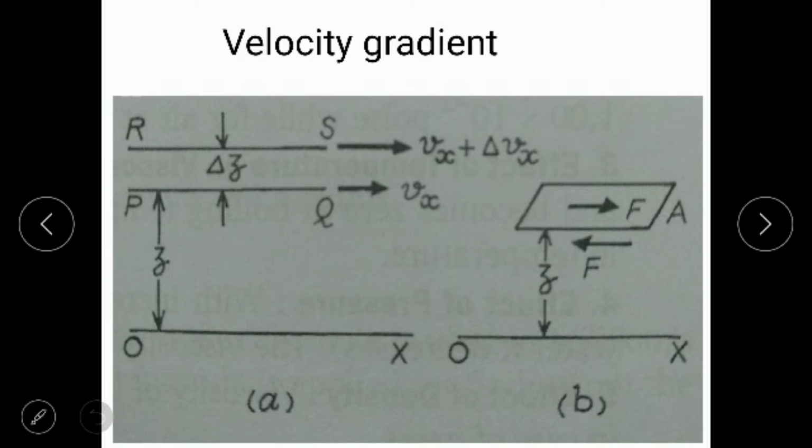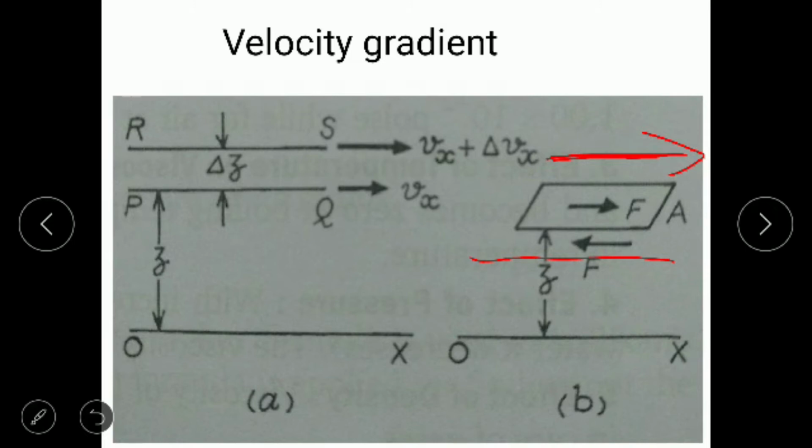Now what happens if there is a layer A? There are two layers above and below it also. The layer of liquid immediately above it tends to accelerate it with a tangential force. The velocity of this upper layer is more, so it will accelerate more, whereas the layer below surface A is another layer of liquid which will retard it backward.